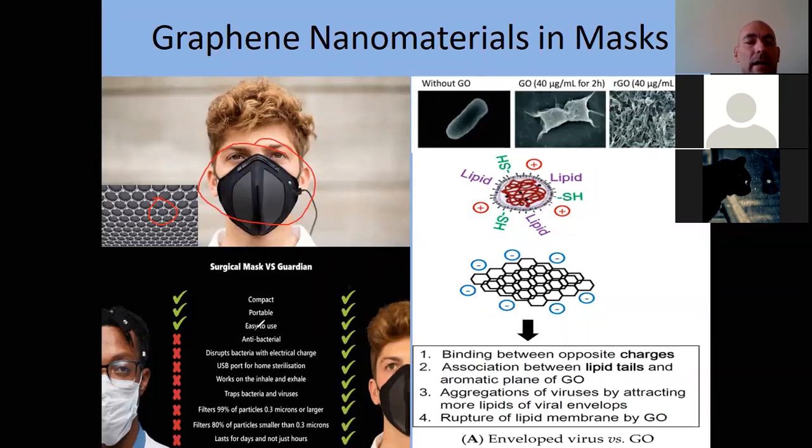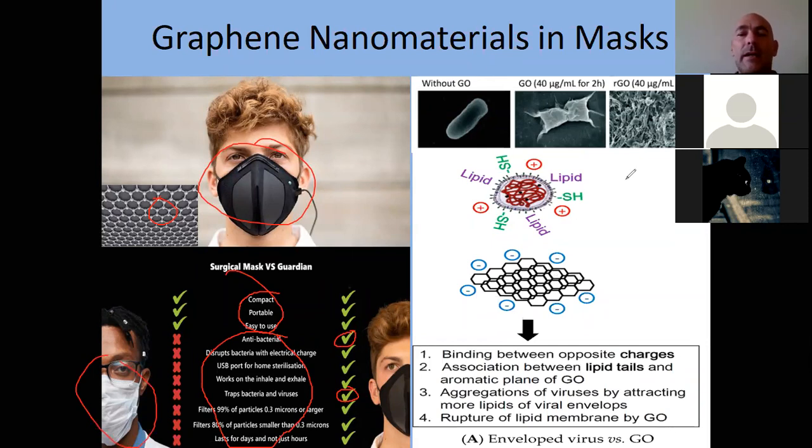And you can see that they have similar properties, but this graphene-based mask can actually have antibacterial activity. They can trap bacteria and viruses, etc. So they have some advantages compared to the regular mask, okay?